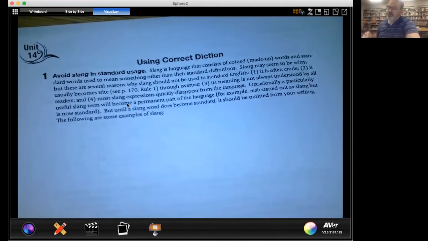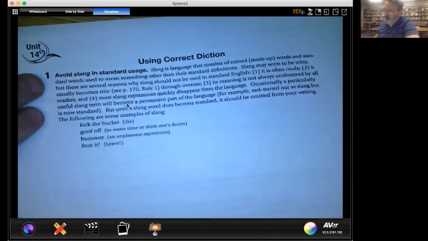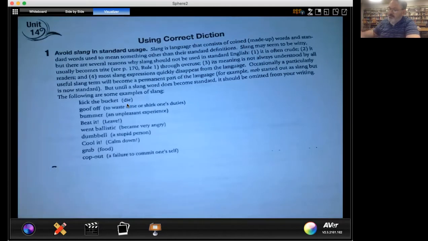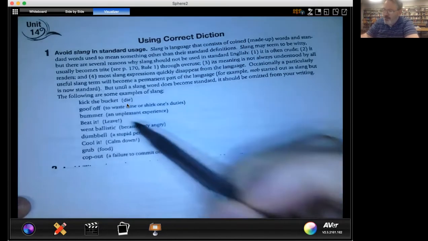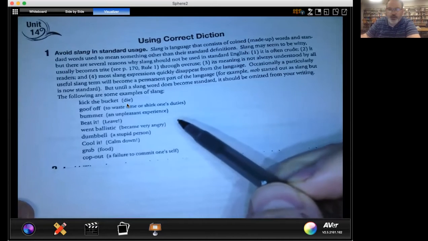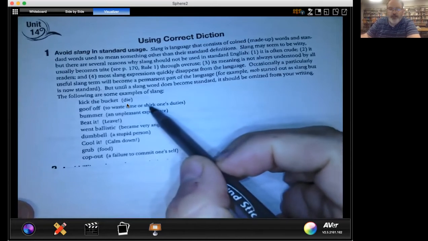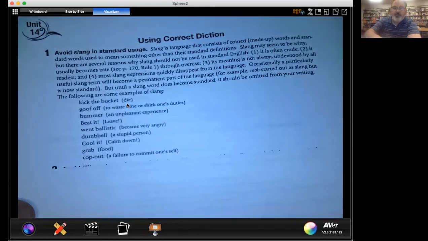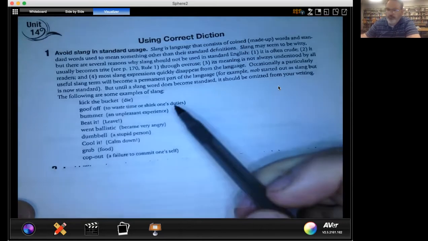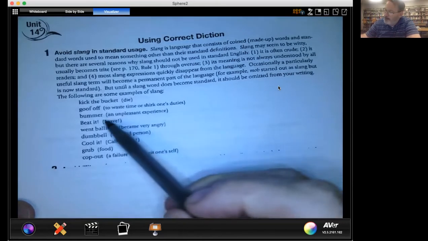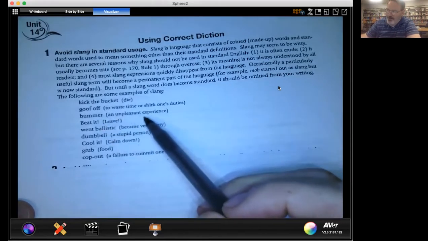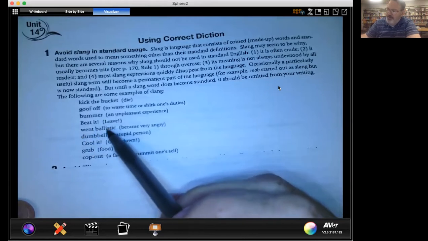The following are some examples of slang. Kick the bucket means to die. Goof off, to waste time or shirk one's duties. Shirk means to not do one's duty. Bummer, an unpleasant experience. Beat it means to leave.